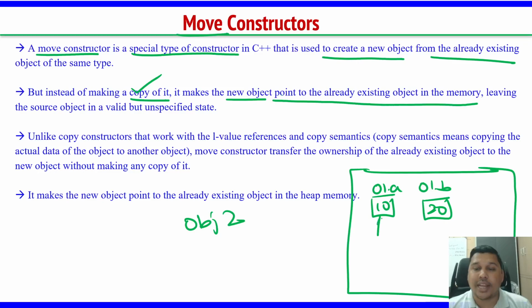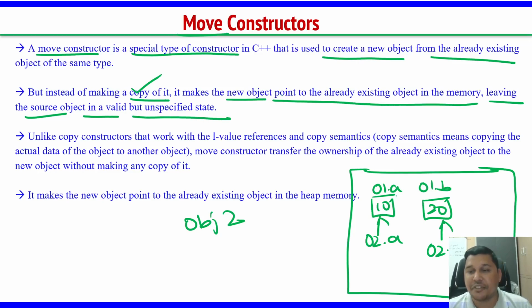So this location becomes o2.a, and o2.a and o2.b will point to the same memory, leaving the source object in a valid but unspecified state. After making this reference, we will just ignore them and make them unspecified. They will be in a valid but unspecified state.